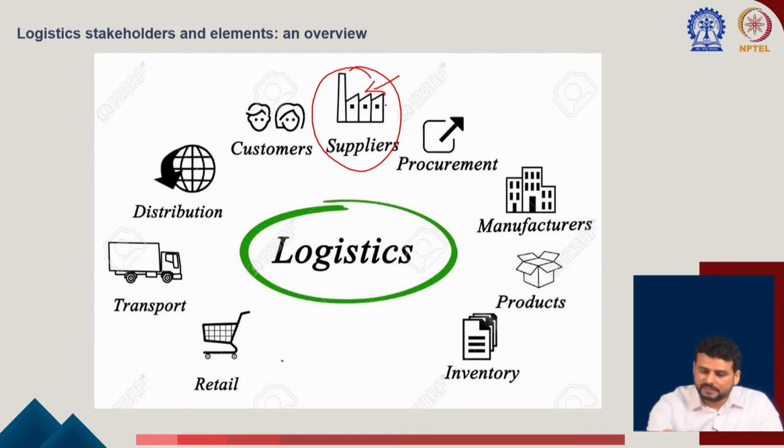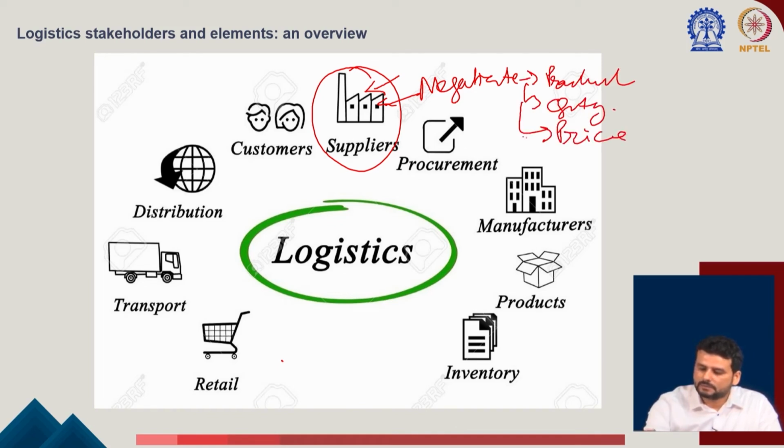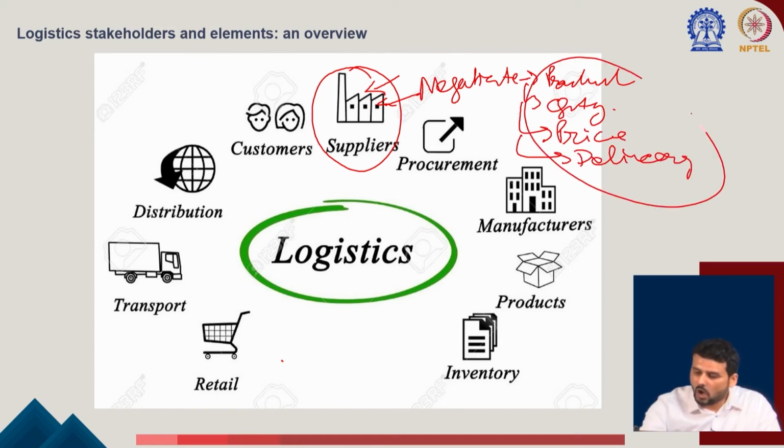So, from these suppliers we need to negotiate related to the product, related to the quantity, related to the price, related to the delivery, right. So, all these functions are there when we are dealing with the suppliers. As a manufacturing unit, I need to ensure that there are a sufficient number of suppliers for supplying these different types of components.